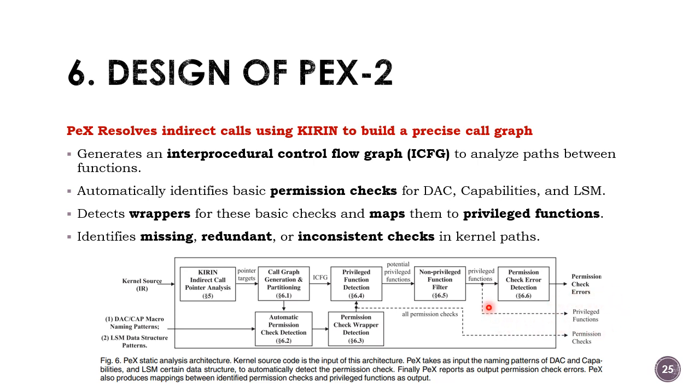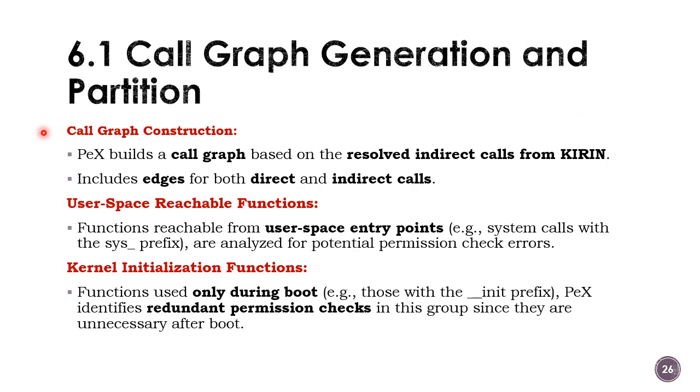And this is kind of a continuous process, because after we have these 2 foundations, we'll use these 2 to map them to find out the permission check error detection, which is the ultimate goal of the whole PAX process.